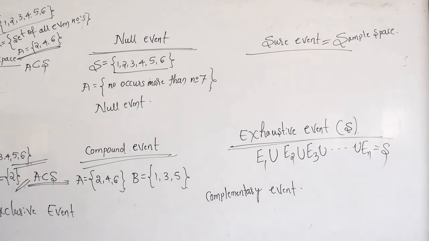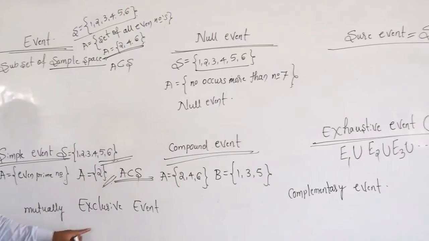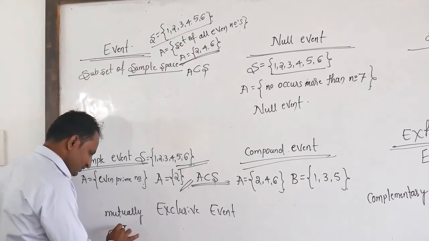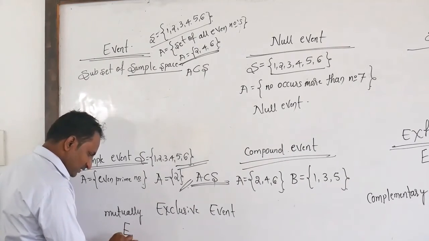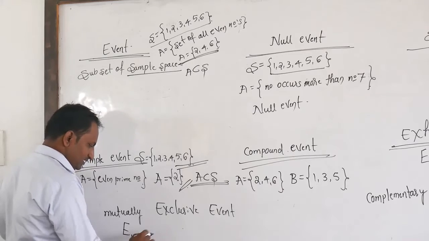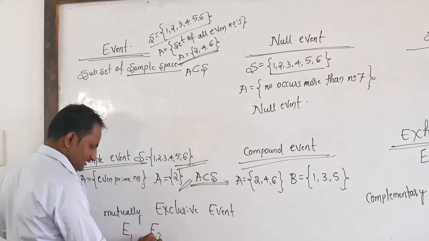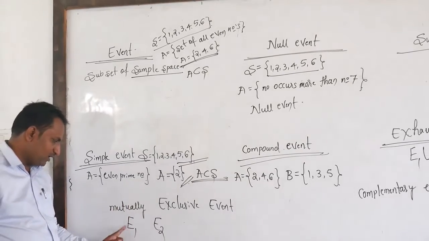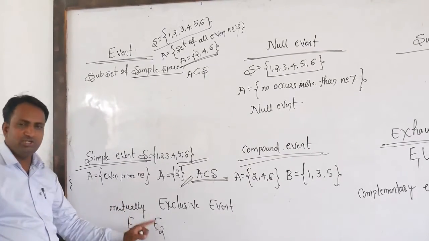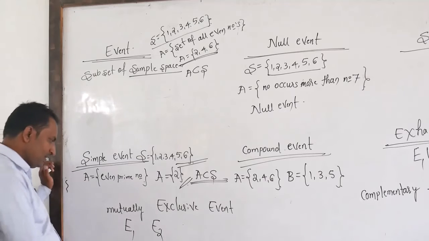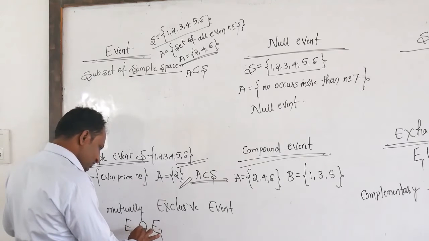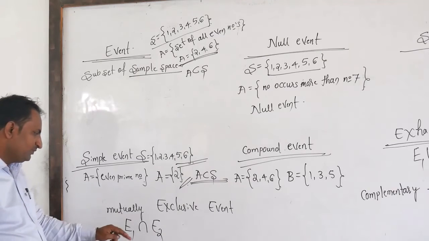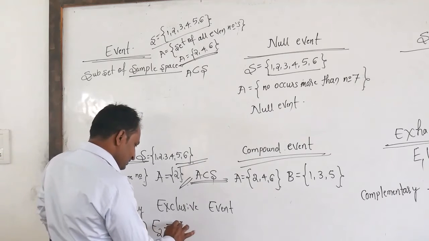Then finally, mutually exclusive event. Mutually exclusive event means, consider E1 is one event, E2 is another event. Here the intersection of these two events gives the null set.